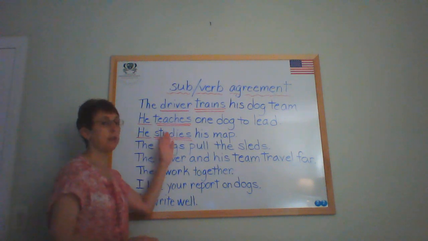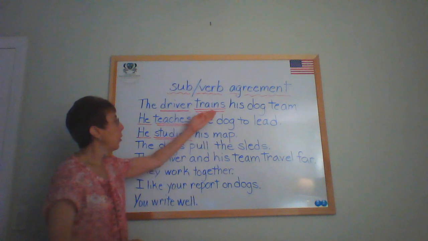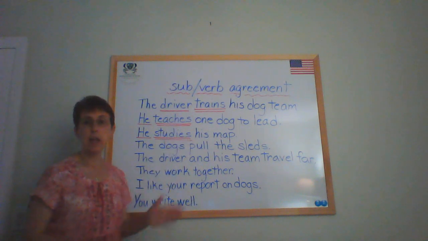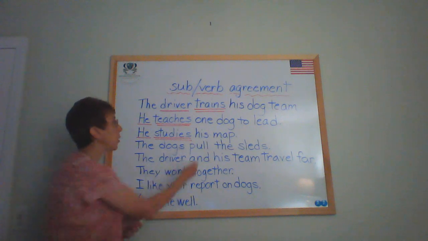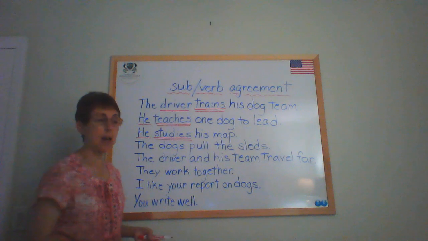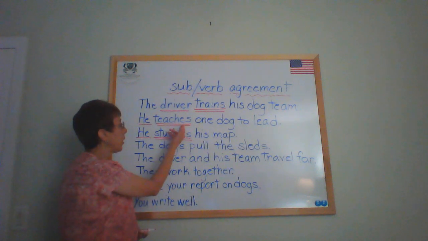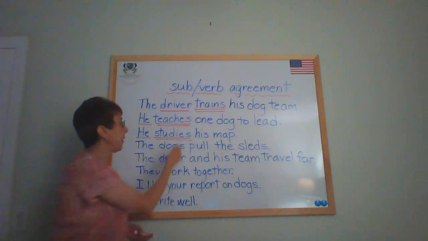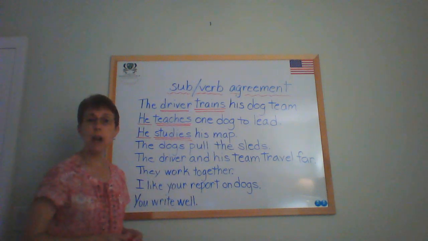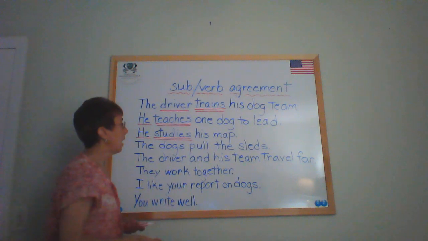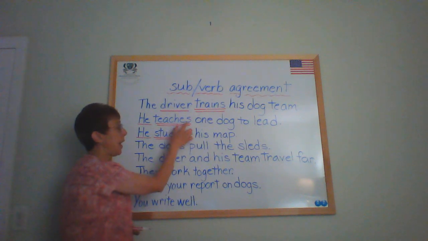Now I want to stop there for a minute and let's take a look. Notice that these three verbs, trains, teaches, and studies, end with S. Notice that this is a type of verb that you simply just add S. But here, teach, because teach ends with CH, we add the ES. Remember, just like with the nouns, if it ends in S, SH, CH, X, or Z, we add an ES.